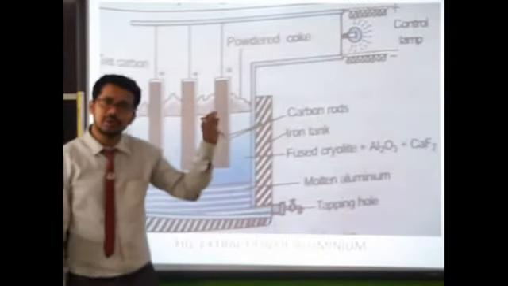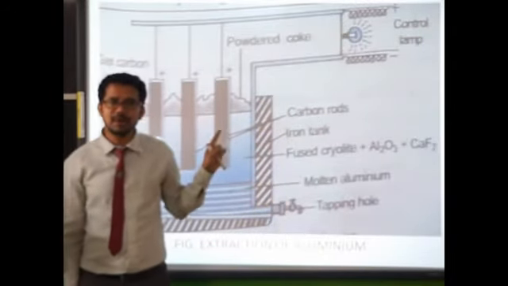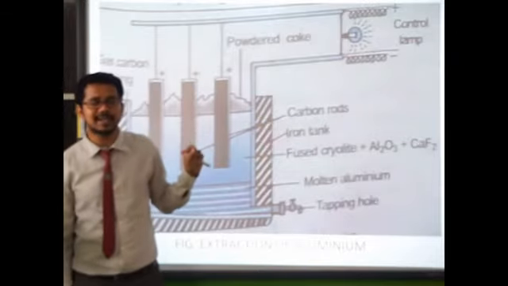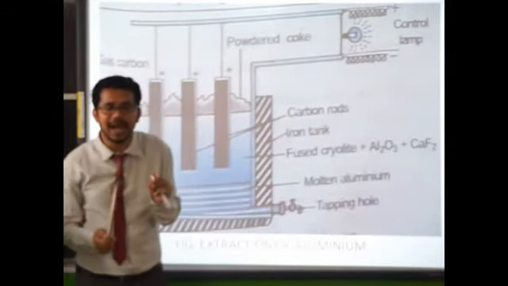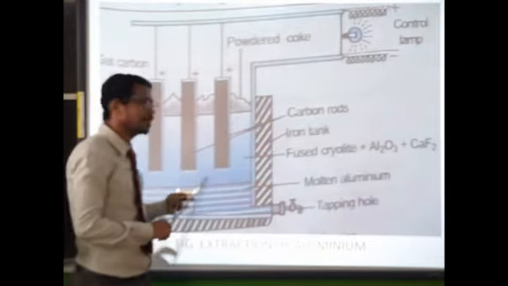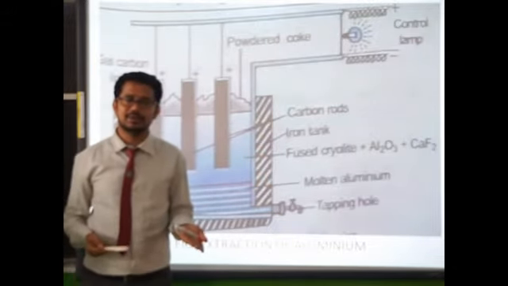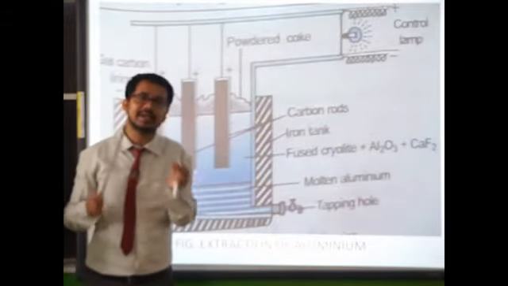Whenever this bulb glows, we have to understand that we need to add alumina again to the electrolyte. We have to add more alumina from time to time.